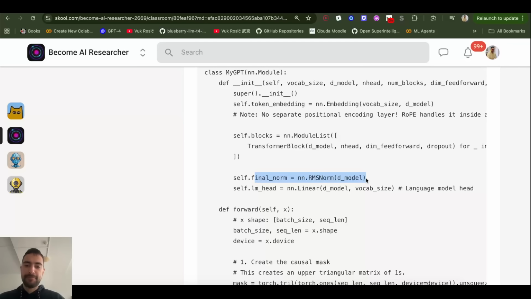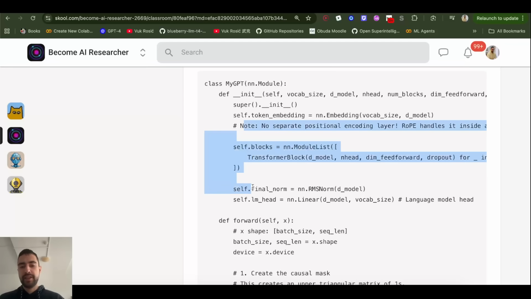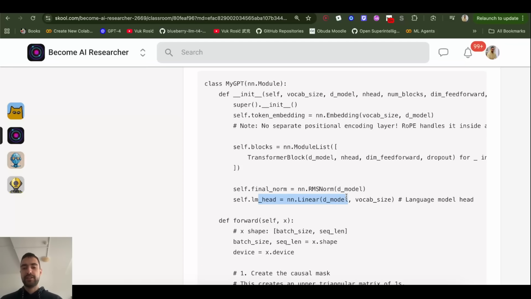And this is, I guess, the final normalization that we get. And this is the output head that generates the next token. So this is after all of the blocks, after everything, the output head will generate the next token. And it has the model dimension times vocab size. So for every token in the vocabulary, it will generate the probability that this is the next token.